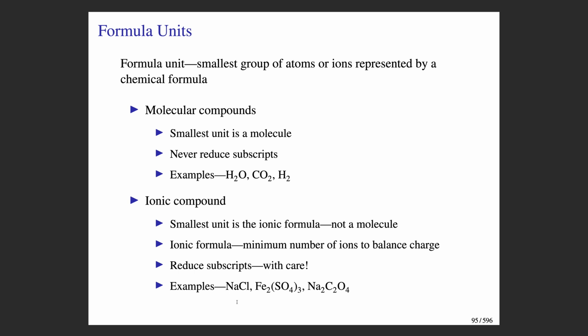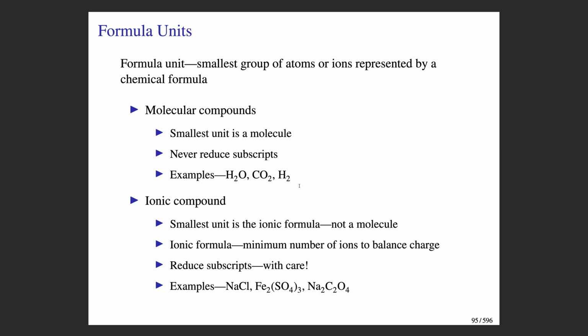We are going to learn how to write out different molecular formulas throughout this course. The main rule for molecular compounds is that you never ever reduce the subscripts within the chemical formula. To do so changes what compound you're talking about.